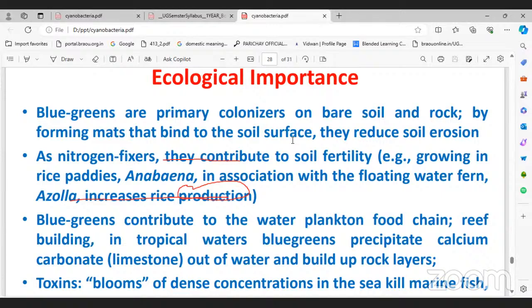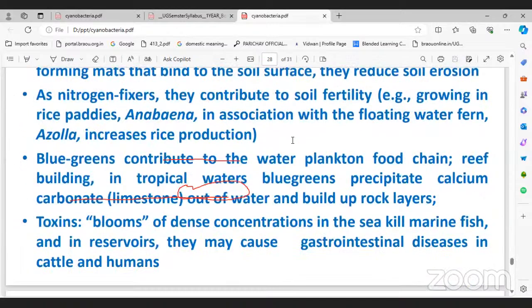So this is the food chain cycle. For biodiversity balancing, it is compulsory in the water ecosystem. Without water plankton, there is no zooplankton; no zooplankton, no fish, no big fish. There is no ecosystem and no biodiversity. That is the ecological importance.